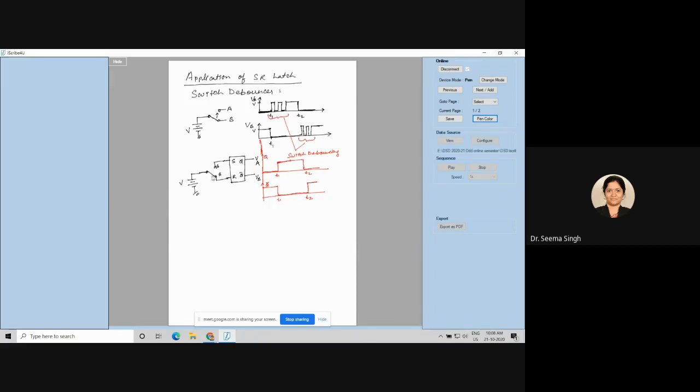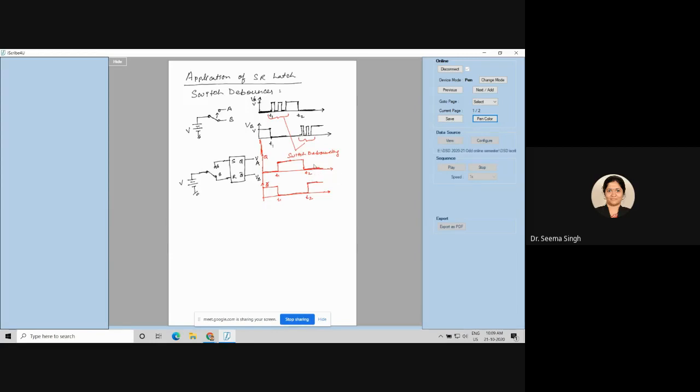And again, when it bounces, it goes to memory state. When it goes to memory state, again what happens? Q bar remains 1, Q remains 0. And this goes on. So, because of this in between 0, 0, no connection, it remains at memory state, no bouncing effect is seen, and the waveform is smooth and stable without any fluctuations.